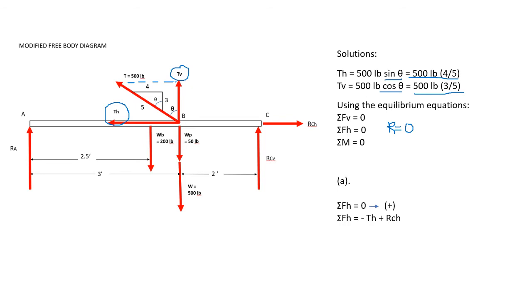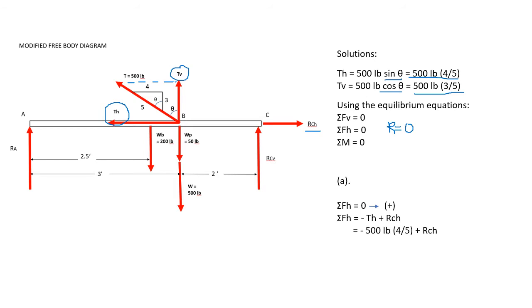We have a negative TH because it is pointing towards the left. And we will have a positive RCH, or reaction at C horizontal, because it is pointing towards the right. We assume that this is pointing to the right.